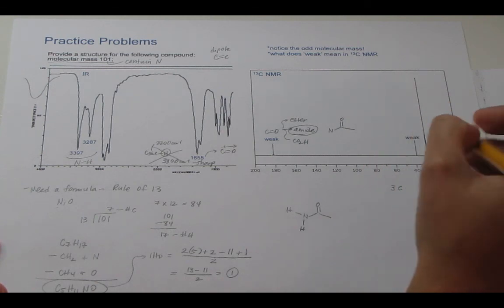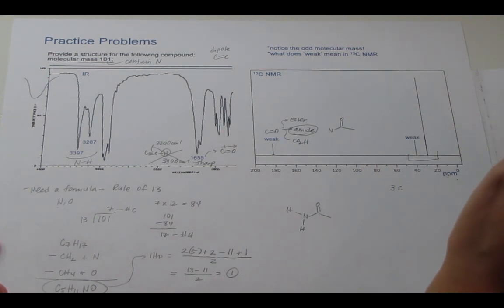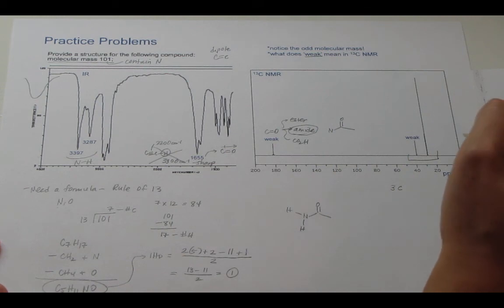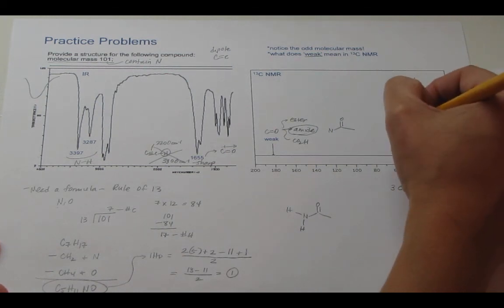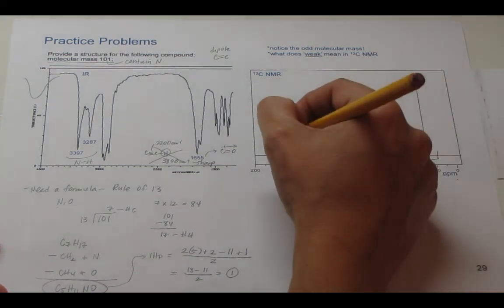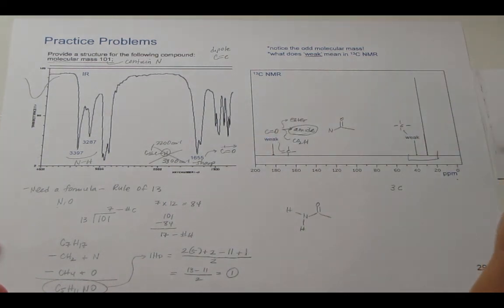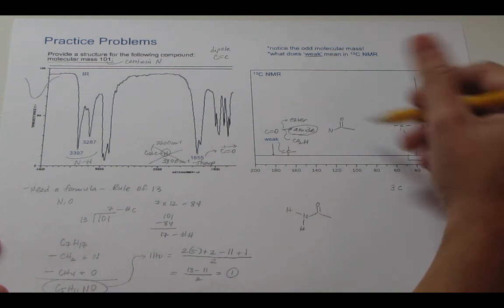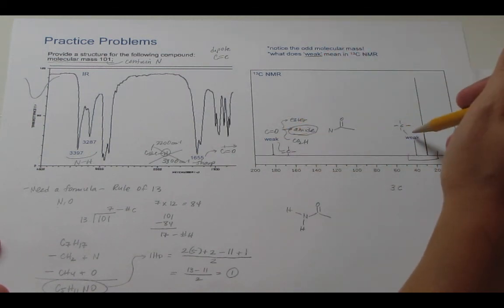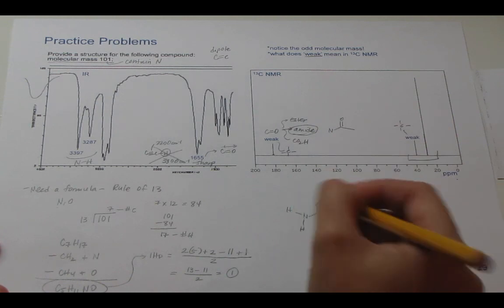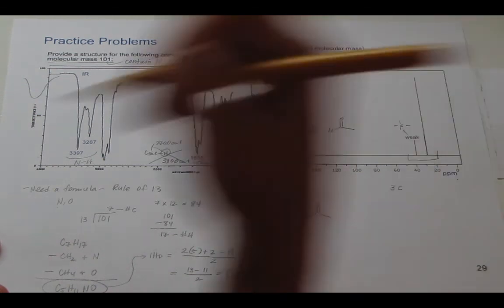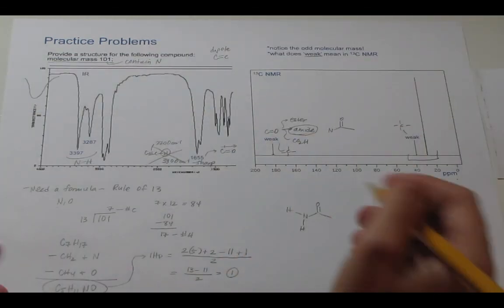Okay, so we have 3 carbons left, and we have only 2 peaks left in our spectrum. And the carbon NMR says weak, and weak meant, what did weak mean? It meant that you had a quaternary carbon, most likely. Sometimes you have weak peaks for other reasons, but the fact that I'm telling you they're weak here means that they're quaternary carbons. And one of them we've accounted for, so we need 1 more quaternary carbon and then 3 more carbons attached to this molecule.